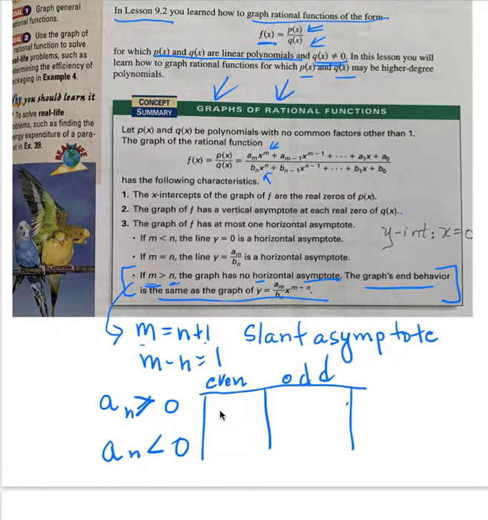If it was even degree and the leading coefficient was positive, I had both ends going up. If the leading coefficient was negative, I had both ends going down. If it was odd degree, it goes down on the left and up on the right, and vice versa, going up on the left and down on the right for odd.